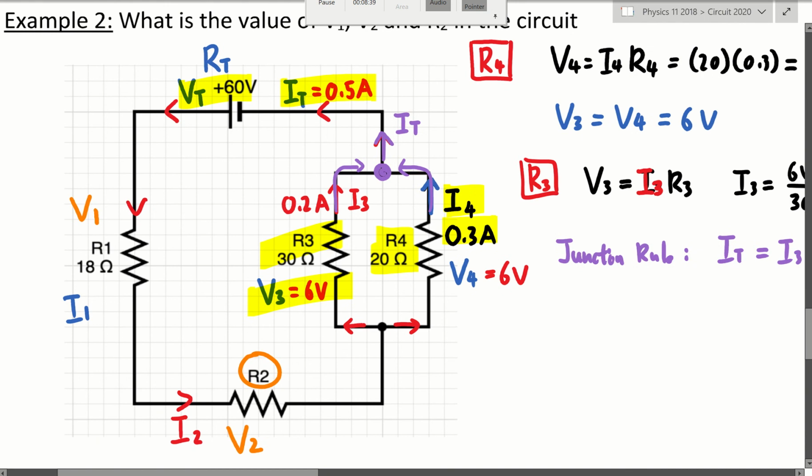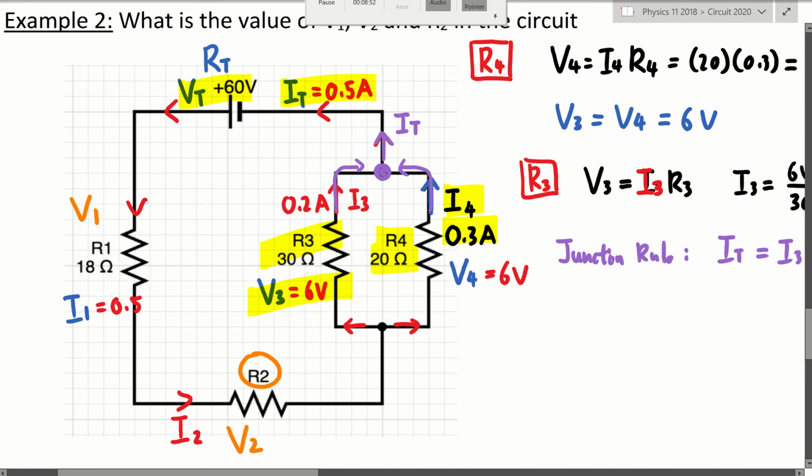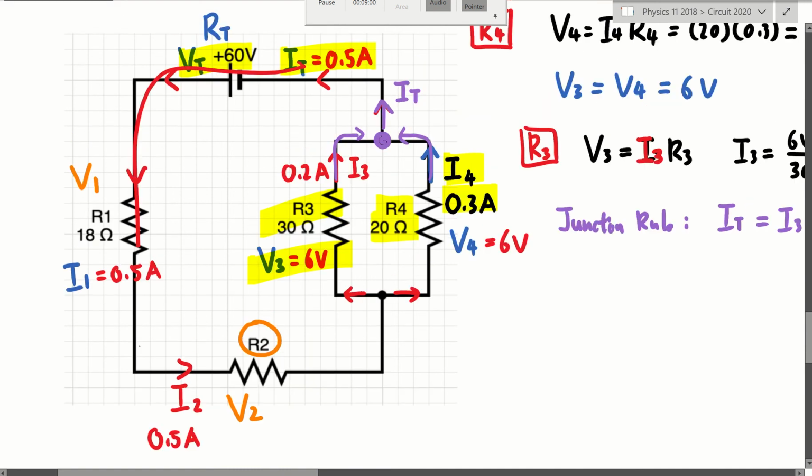Now with I total, I can actually figure out, you know what? I think doing equivalent resistance. There are 2 ways to do this question. I think the faster way to do this is by doing the following. I have I total right now, which is the same as I1 and the same as I2. Same route, no splitting, right? I1 and I2 should be the same because this is one row.